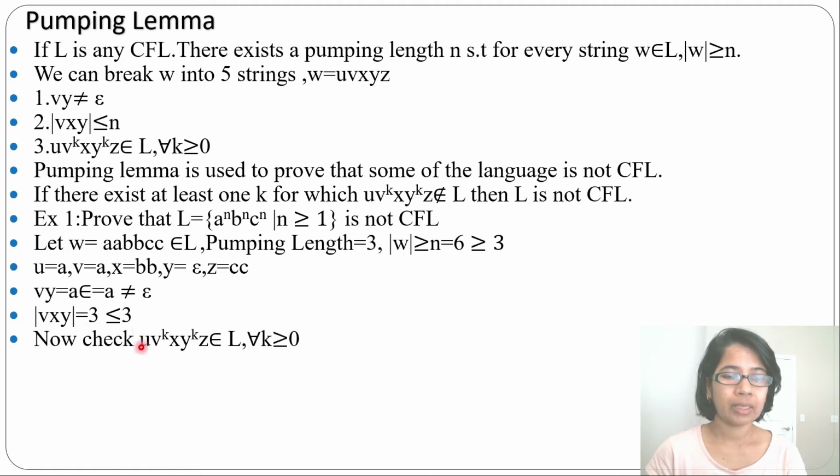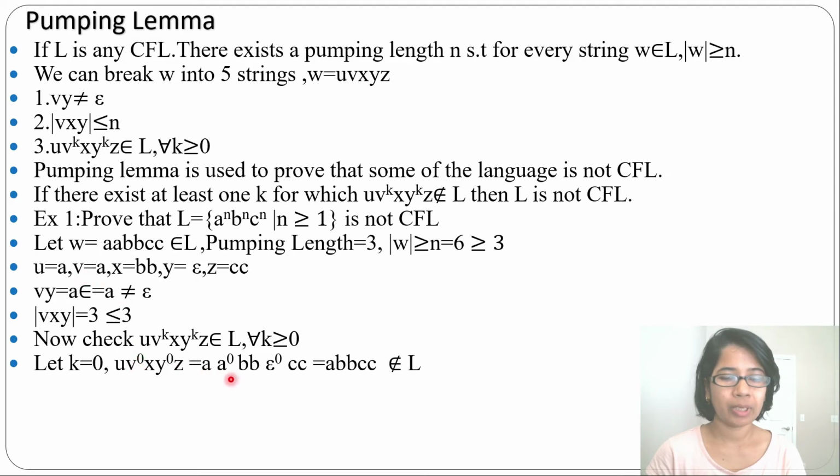Now we need to check u, v power k, x, y power k, z belongs to L for all k greater than or equal to 0. Let k equal 0, then u, v power 0, x, y power 0, z. So u is a, v is a, so a power 0, then x is bb, write down bb, and y is epsilon, so epsilon power 0, then z is cc.